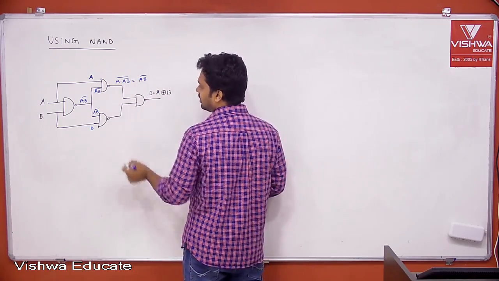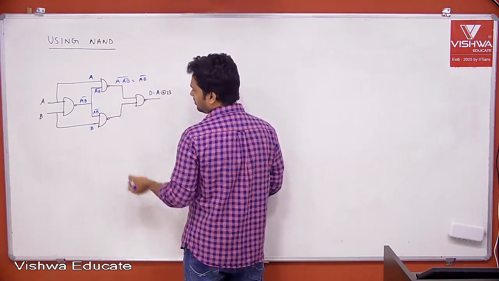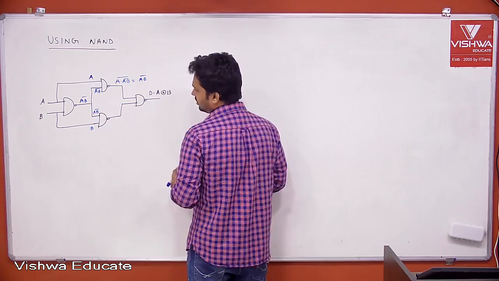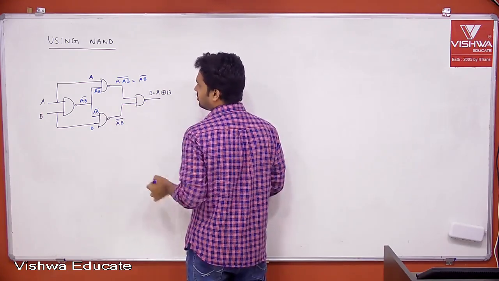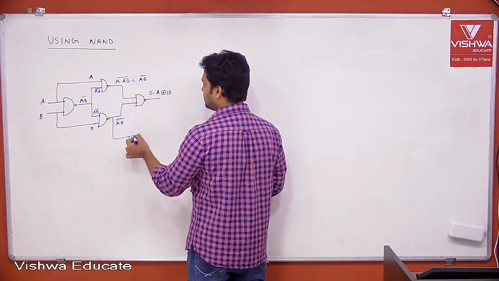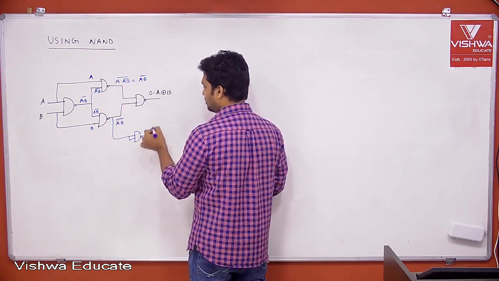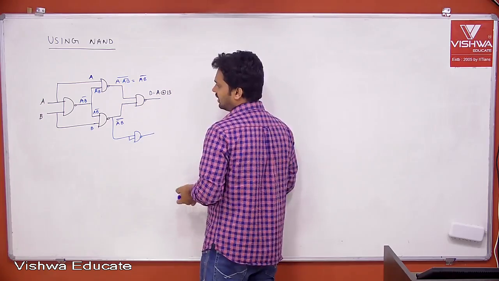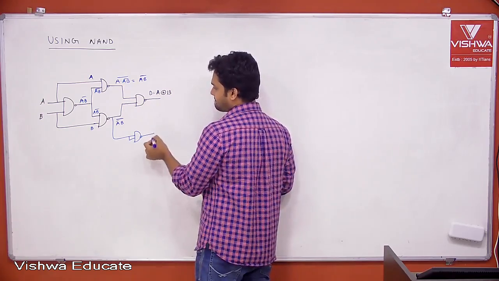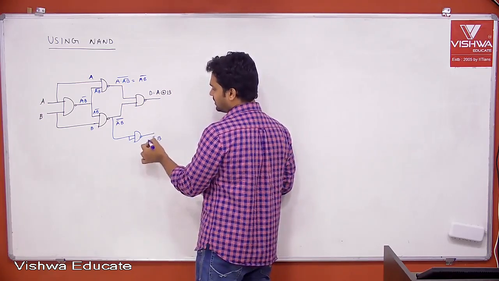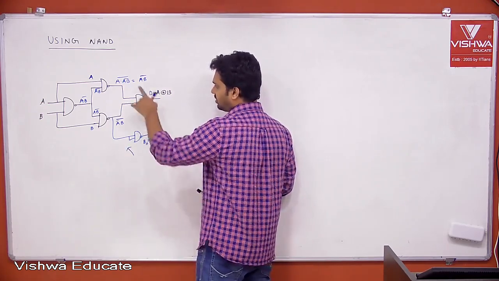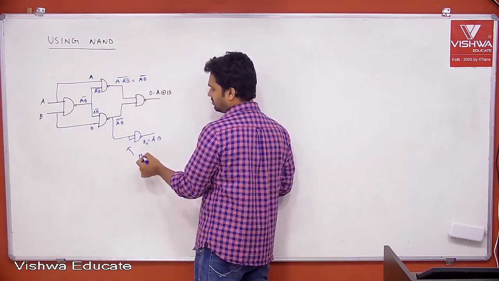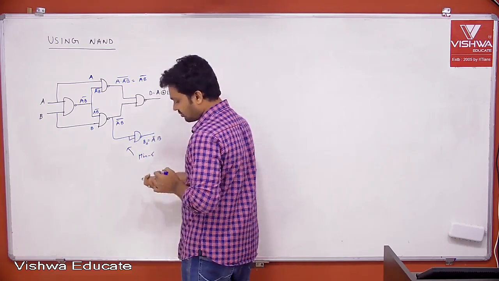This one, B into A bar plus B into B bar, that is A bar B whole bar. So here you take one AND gate, then it will become A bar B, which is nothing but my borrow. So how many gates are required? 4 for this, 1 for this, minimum 5 gates are required.